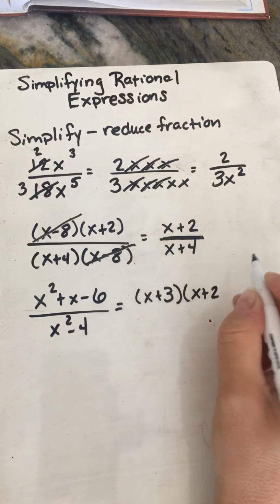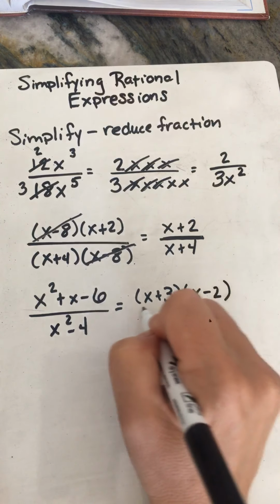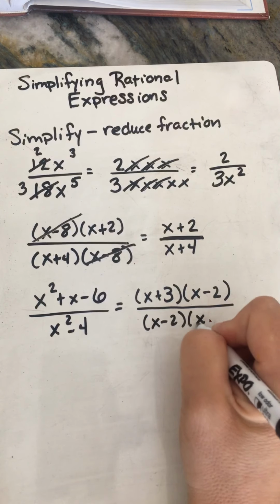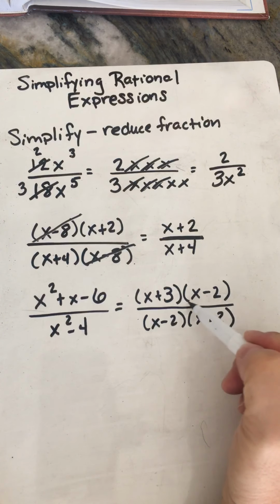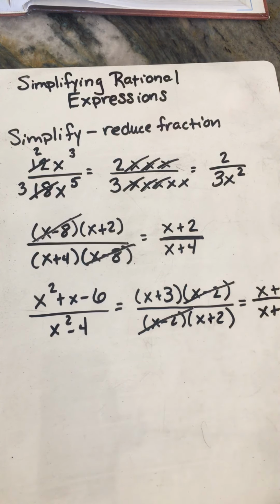Oh, I did it wrong. It's x plus 3, x minus 2. Silly Mrs. Curdy. Over, we've got x minus 2 times x plus 2, difference of 2 perfect squares. And our x minus 2 factors, those will divide. And so we've got the quantity x plus 3 divided by the quantity x plus 2.